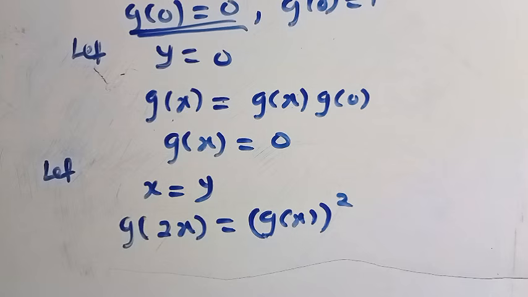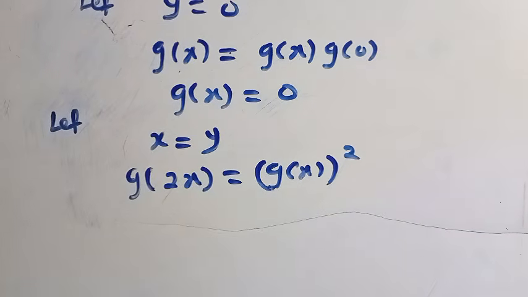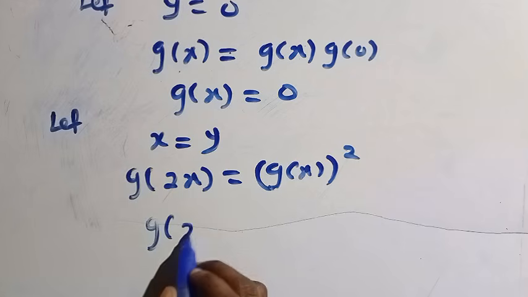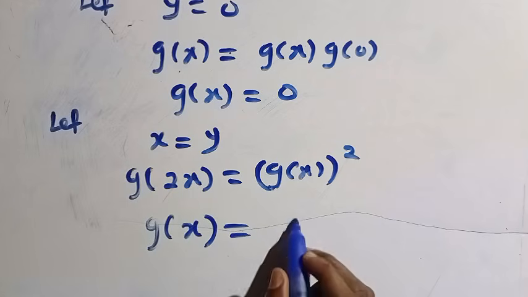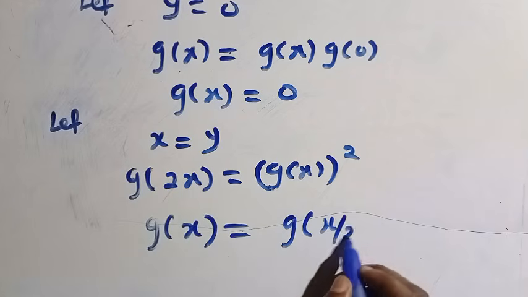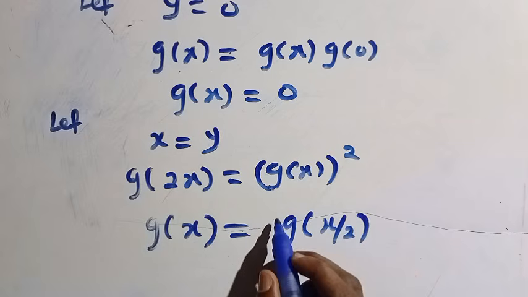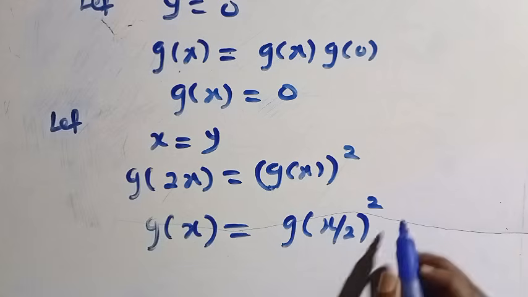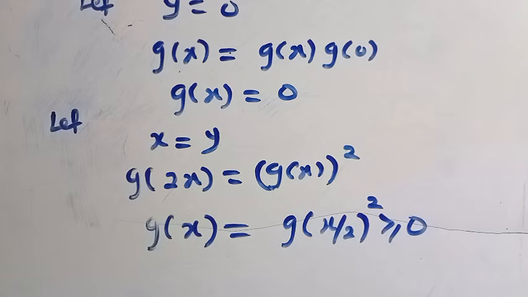Again, if I set both x and y to be equal to x over 2, we have g of x equals g of x over 2, all raised to the power of 2, where n is greater than or equal to 0 for all n a member of the integers.